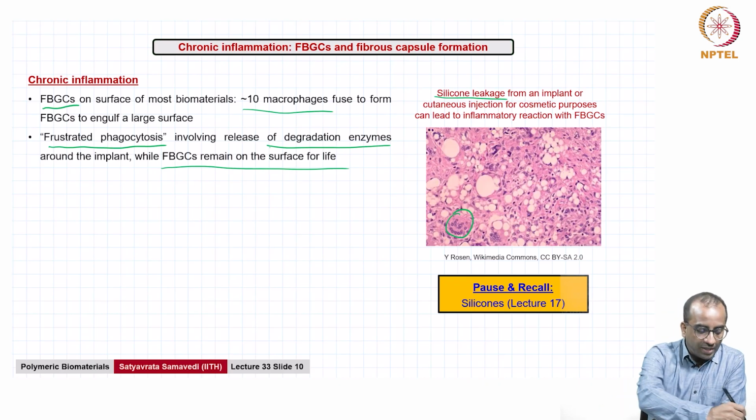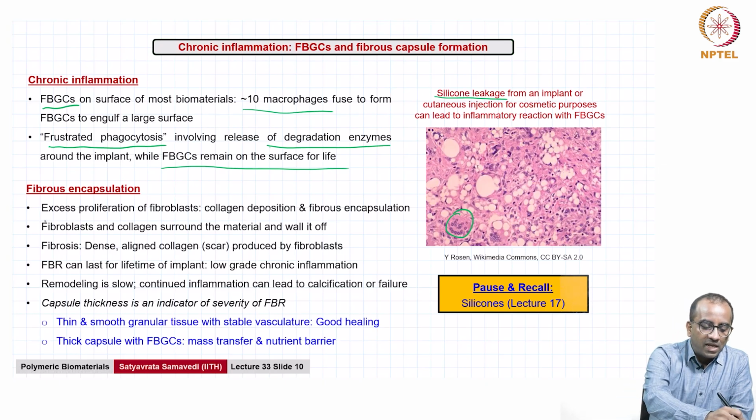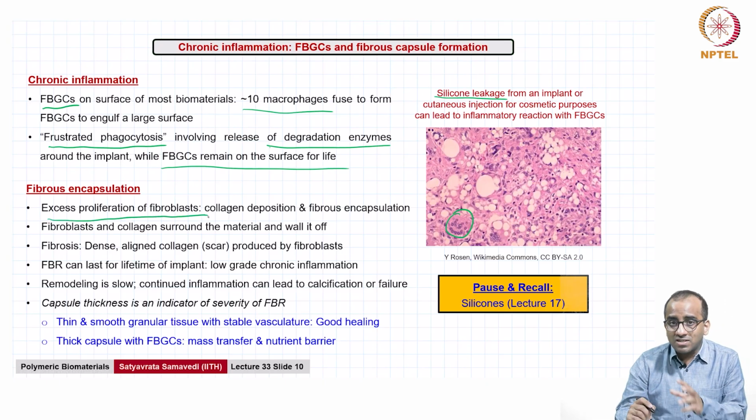And finally, if the immune system realizes that it cannot degrade the material through phagocytosis, it's going to result in fibrous encapsulation. So this typically involves excess proliferation of fibroblasts, as opposed to routine proliferation of fibroblasts and matrix deposition that is stable in the normal wound healing response.